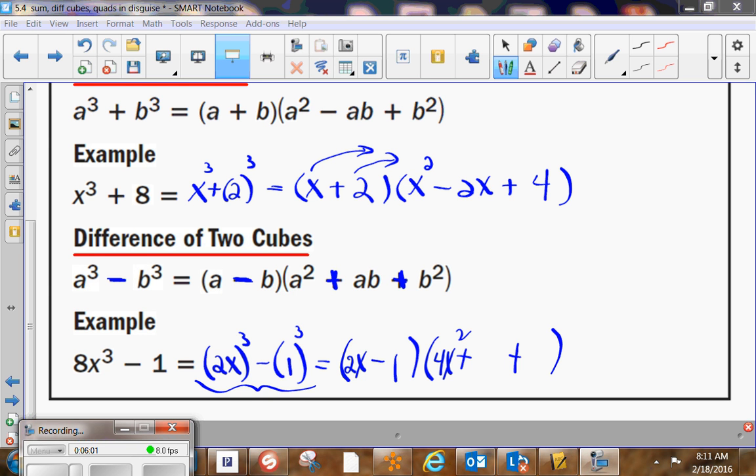And then the last term will be that 1 squared, which is still just 1. And then the middle term is the product of 2x times 1, which is 2x. So those are the two factors of that binomial.